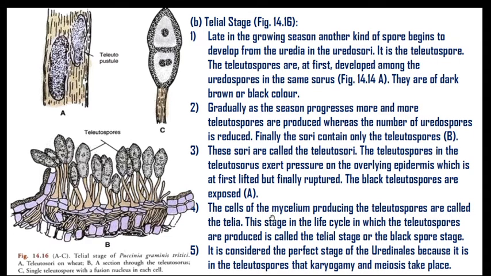So the cells of the Teleuto spores exert pressure on the overlying epidermis, which is at first lifted but finally ruptured. Means first of all, the epidermis has its own strength, but finally due to the enzymatic activity that epidermis ruptures, and the Teleuto spores are going to take entry through the epidermis.